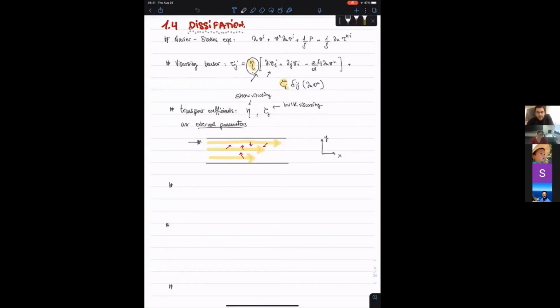Isn't the last term multiplying the shear viscosity the same as the one with the bulk viscosity? Yes, so it's a convention. It's a convention to subtract the trace from this term, so that you're only left with really the shear part. So you can call this quantity here the shear tensor.